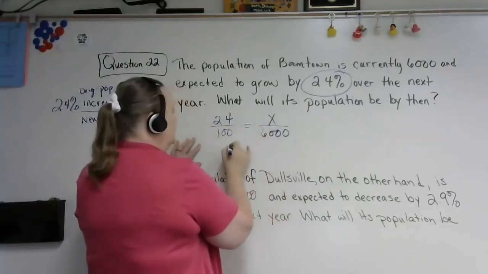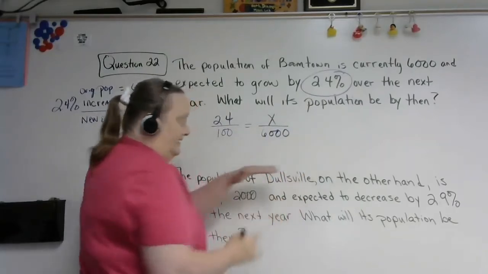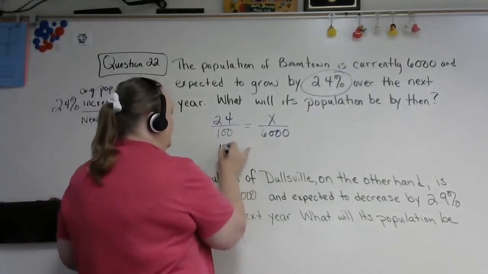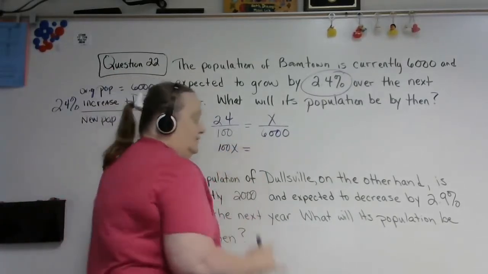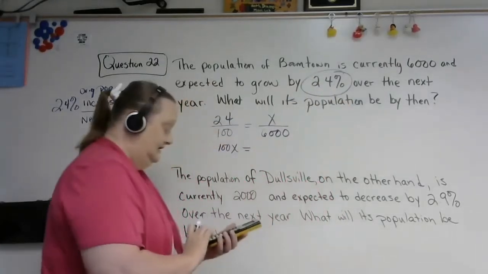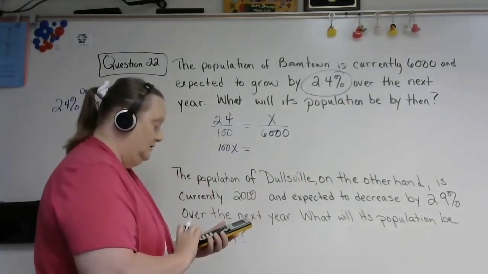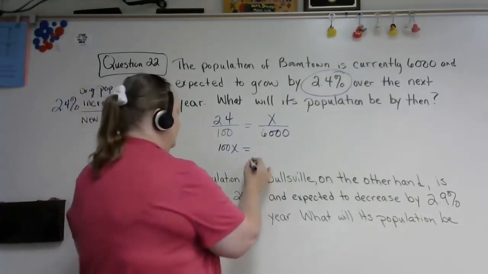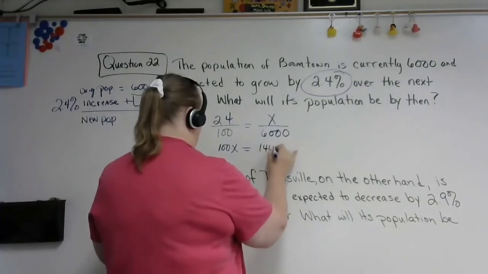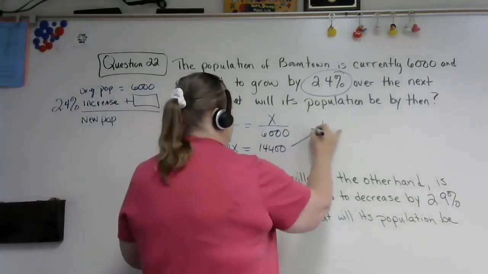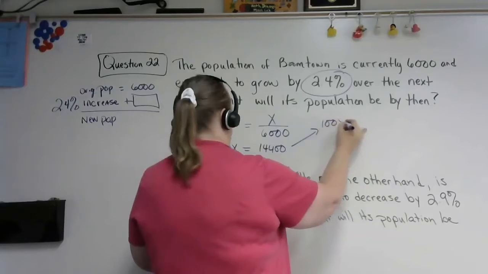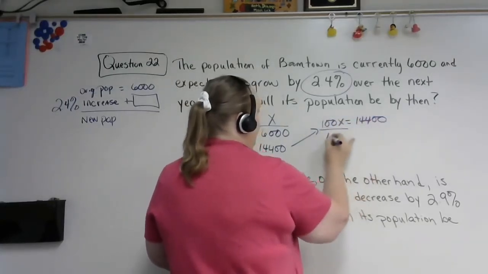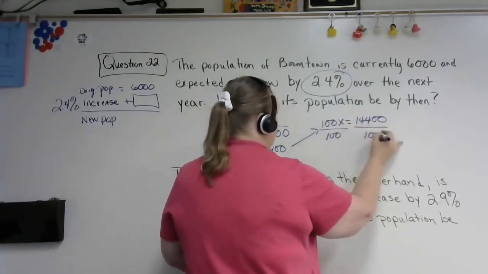Then I'm going to cross multiply. This would be 100x equals 6,000 times 2.4, or 2.4 times 6,000, whichever way you want to look at it. I'm going to rewrite this over here and divide both sides by 100.